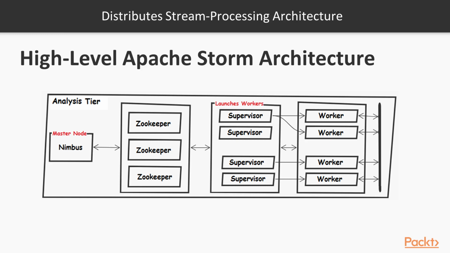The supervisor monitors the work assigned to its machine and starts and stops the worker processes as needed. Each worker process executes a subset of a topology. A running topology consists of many worker processes spread across many machines. Finally, the coordination between Nimbus and the supervisors is done through a Zookeeper cluster. So, this is how Storm works.